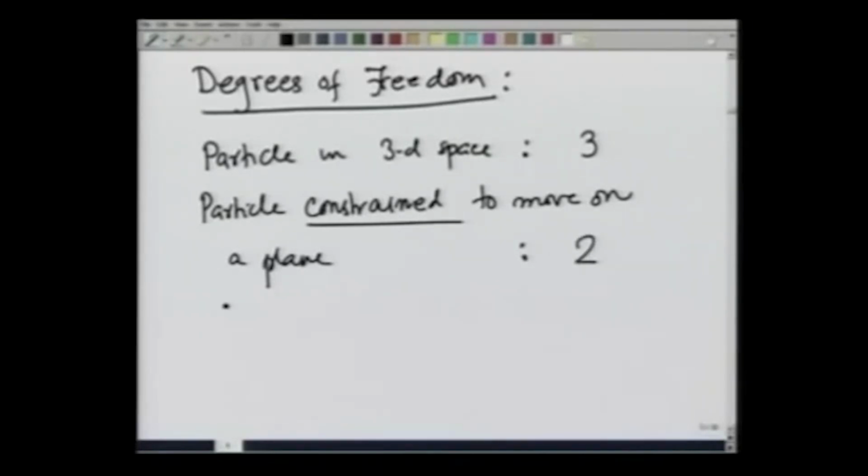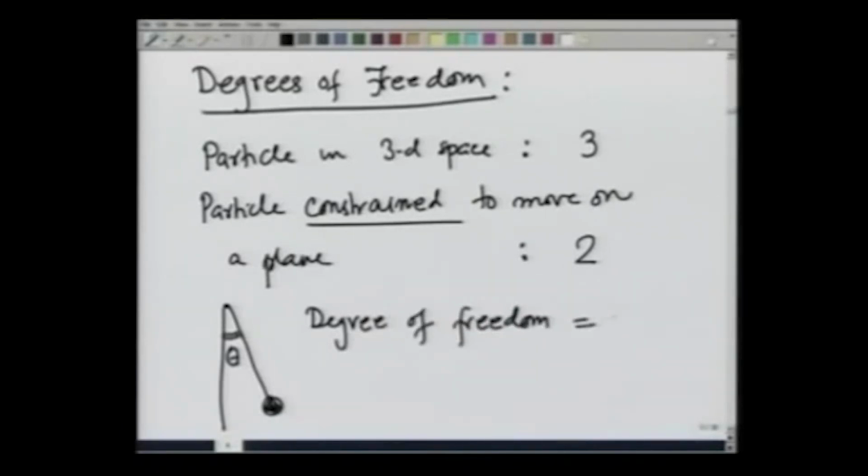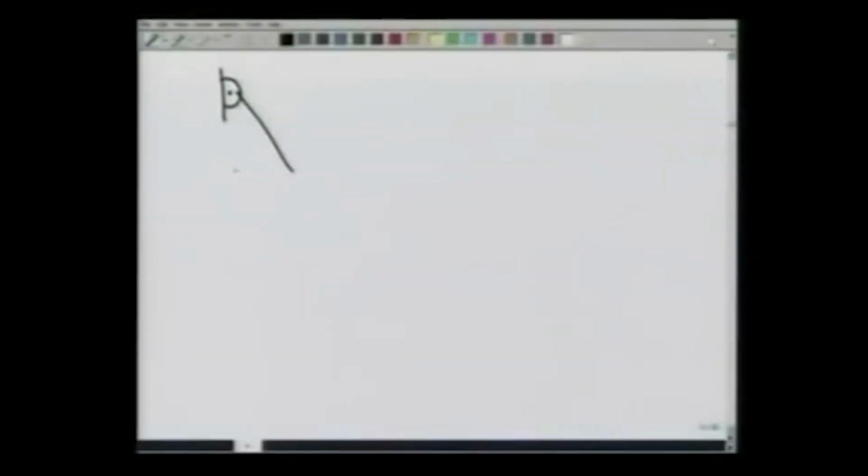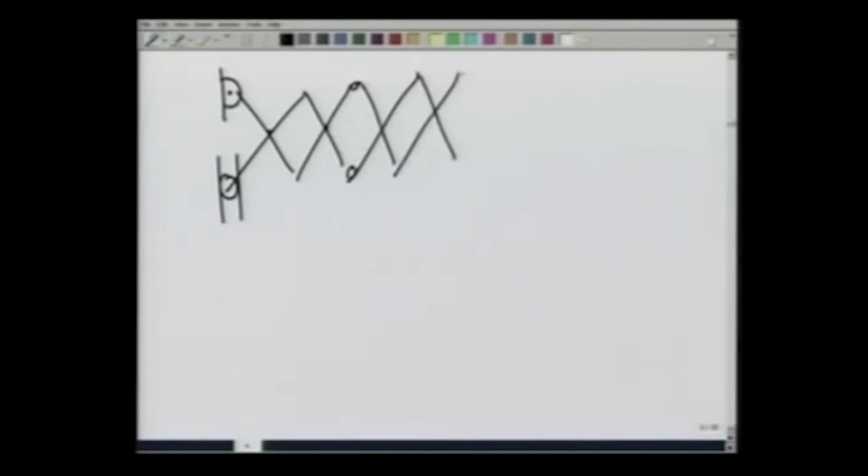Suppose I take a pendulum so that it swings in a plane. The only thing that I need to specify where the pendulum is, is this angle. Then the degree of freedom is 1. Even in the complicated example that we took previously, whereby I had these cross links like this, the only thing that I need to specify the orientation or a specific position of the system is this angle theta.